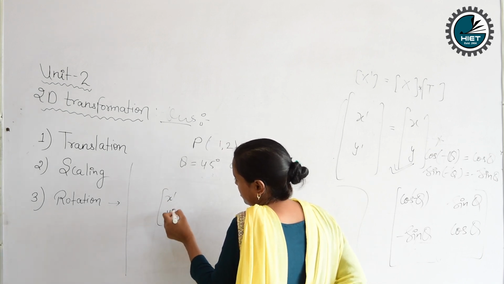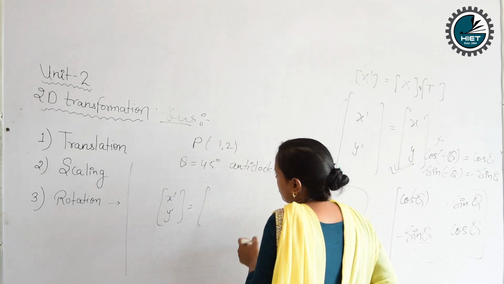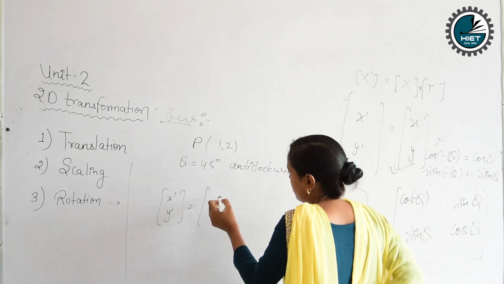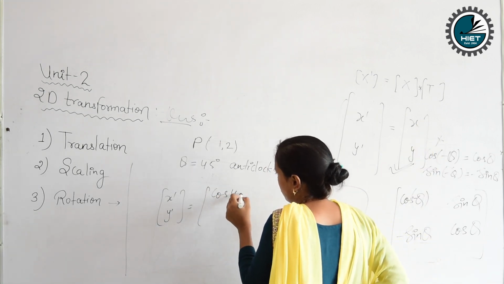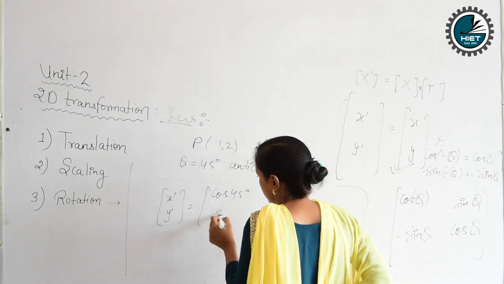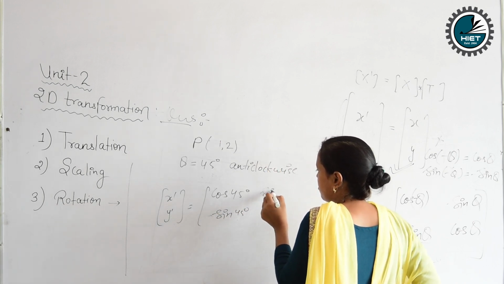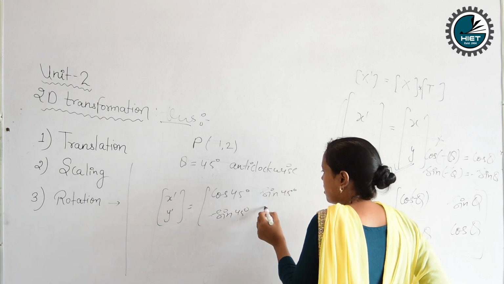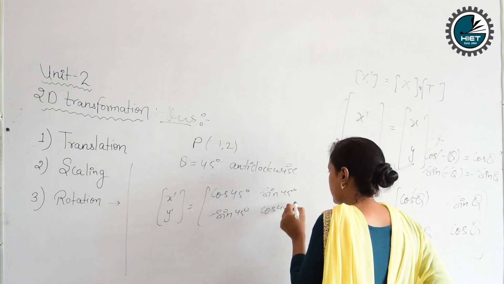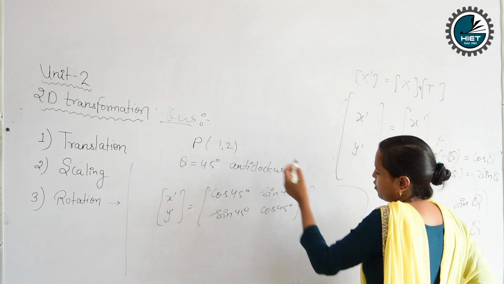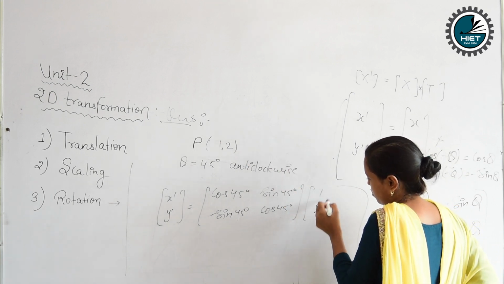Now I put the values in the matrix. x dash, y dash equals the transformation matrix: in place of cos theta we put cos 45 degrees, minus sin 45 degrees, and sin 45 degrees, cos 45 degrees. The old coordinate matrix is 1 comma 2, so x is 1 and y is 2.